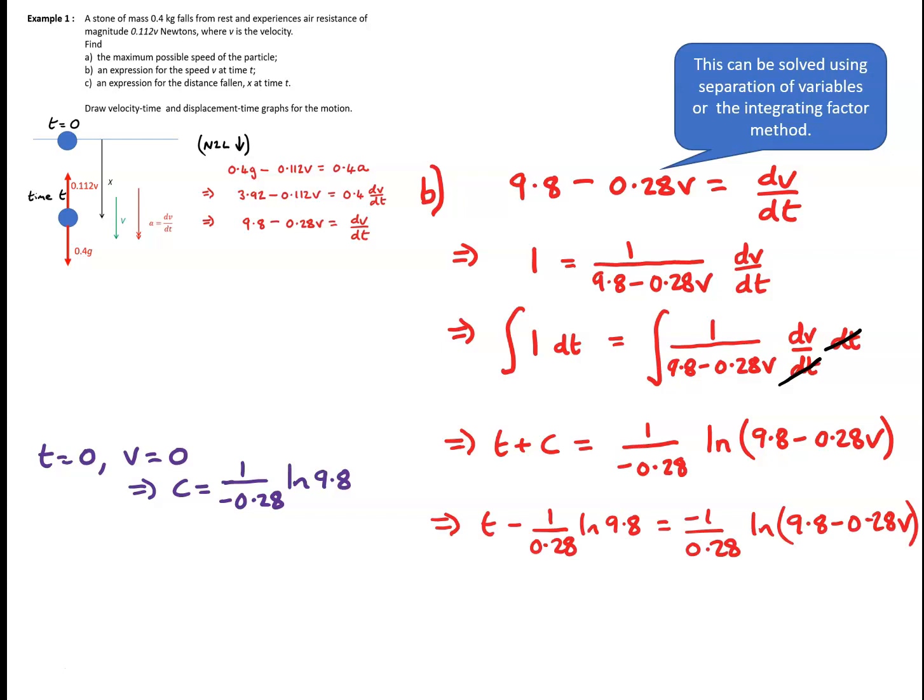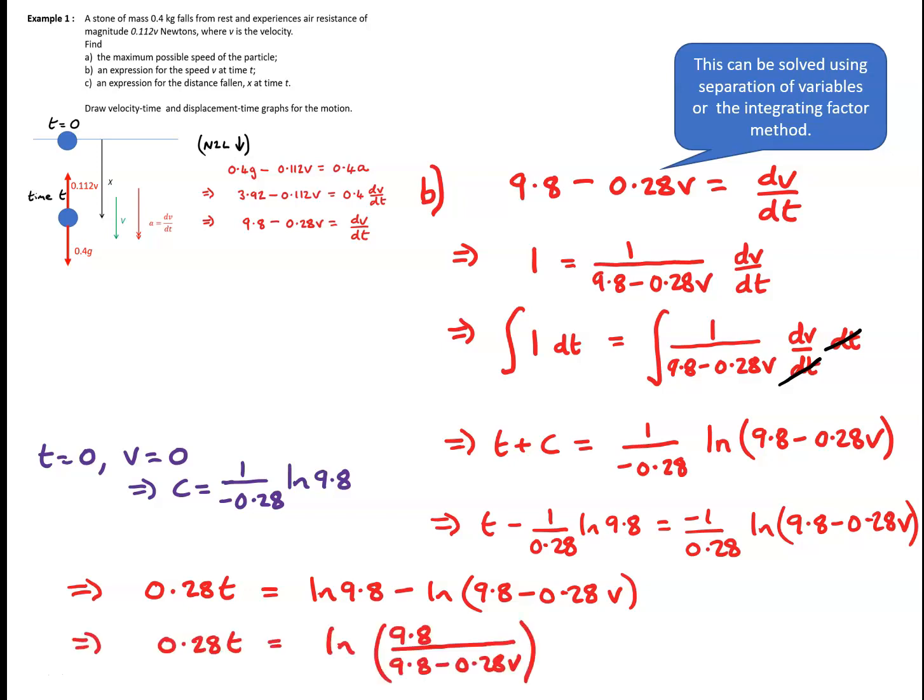So I've got t minus 1 over 0.28 logarithm of 9.8 equals minus 1 over 0.28 times the logarithm of 9.8 minus 0.28 V. If we multiply up by 0.28, we've got 0.28 t minus the logarithm of 9.8 equals the logarithm of 9.8 minus 0.28 V. So 0.28 t is going to equal the logarithm of 9.8 minus the logarithm of 9.8 minus 0.28 V.